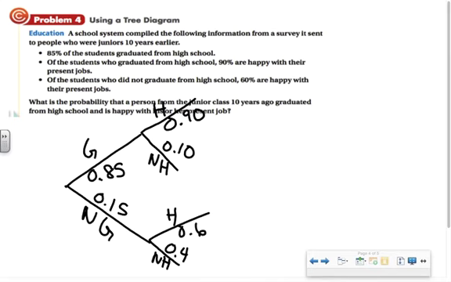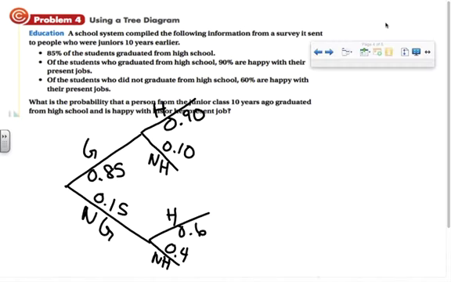Now what are they asking us? They're asking, what is the probability that a person from the junior class 10 years ago graduated from high school and is happy with his or her present job? So when we diagram all our data like this, it makes it very easy to see that we're interested in the people on this branch.